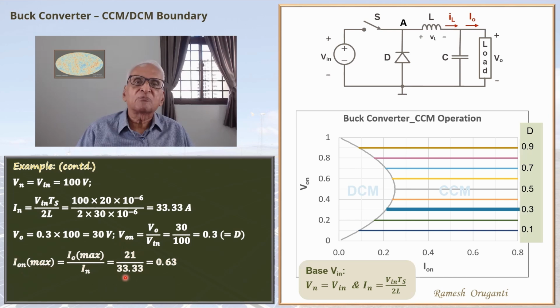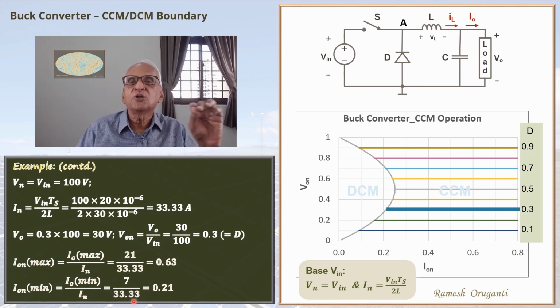The minimum normalized current, ION minimum, is IO minimum by In, 7 amperes by 33.33, which will be 1/3 of this, 0.21. So the normalized currents is varied between 0.21 to 0.63. Remember that these are dimensionless quantities. So it's not 0.21 amperes, 0.63 amperes.